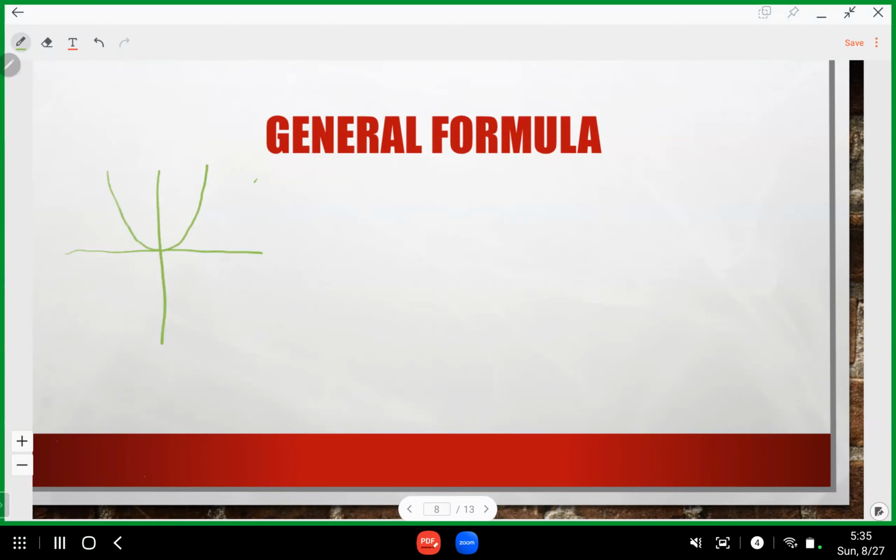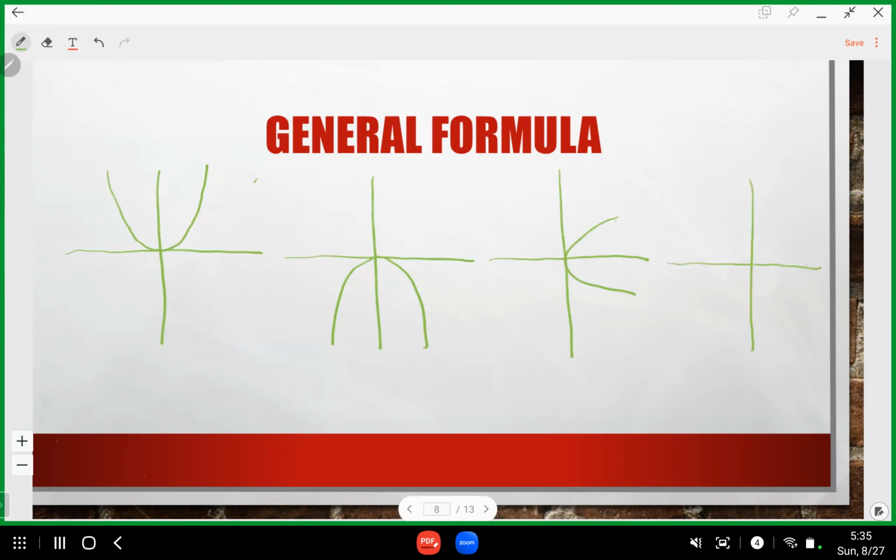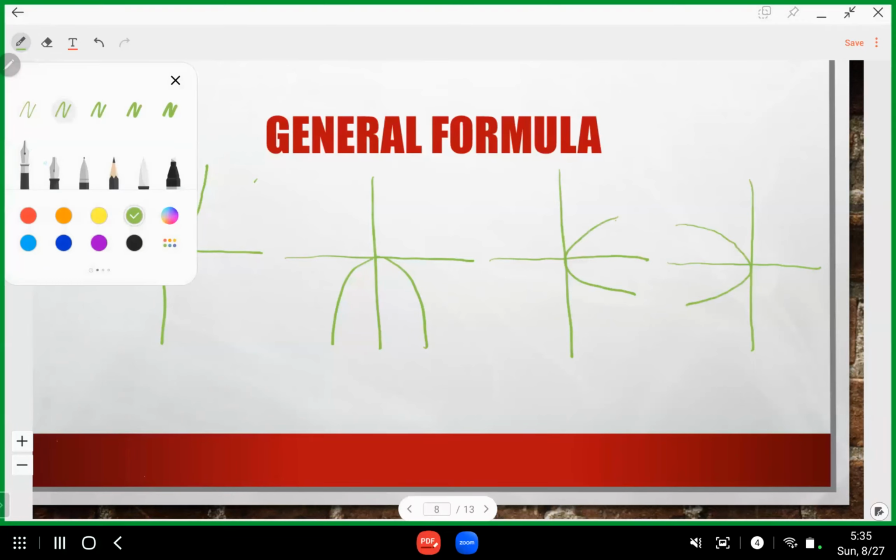This is opening up, opening down, opening right, and opening left. So these are all the possible things we can have.